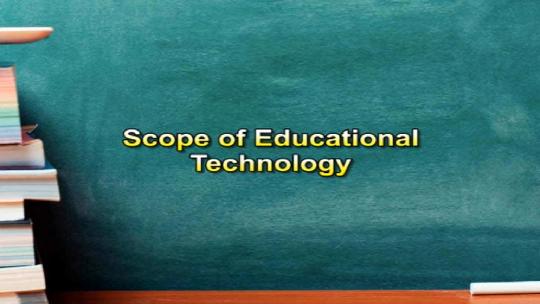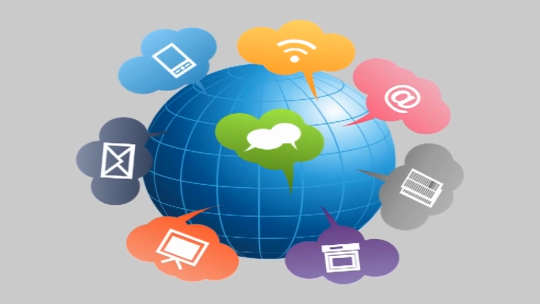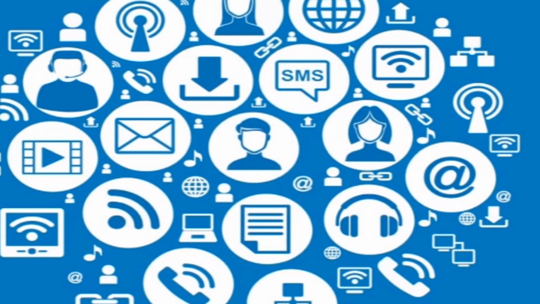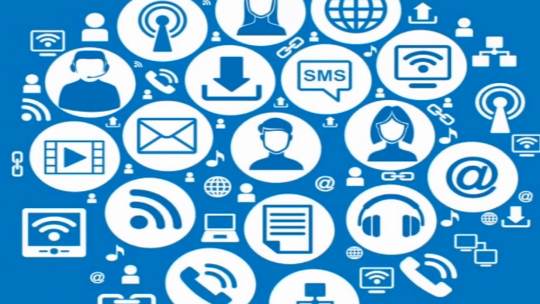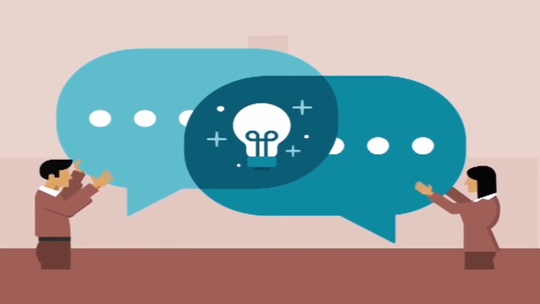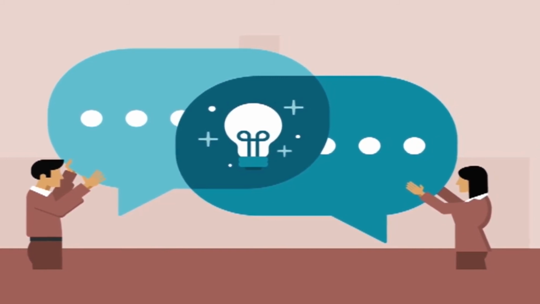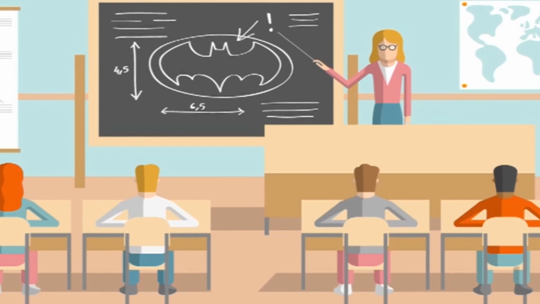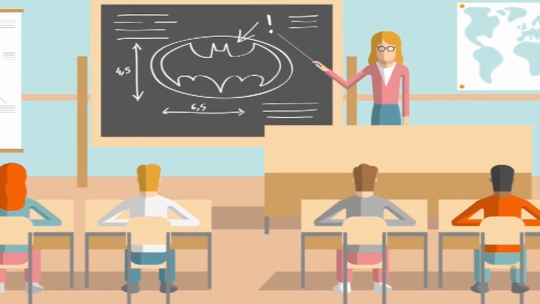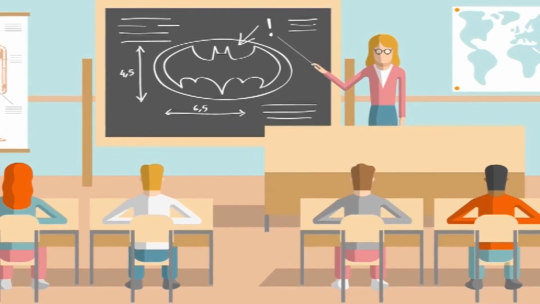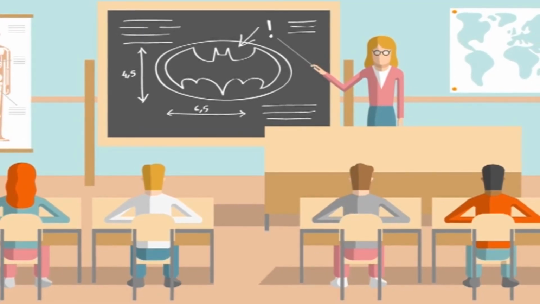Scope of educational technology. Educational technology is a process-oriented technique. It is not limited to the teaching and learning process. Theories have shifted from learning to teaching only due to educational technology. If educational technology is limited to audio-visual aids and mechanical and electronic gadgets, its scope becomes limited.